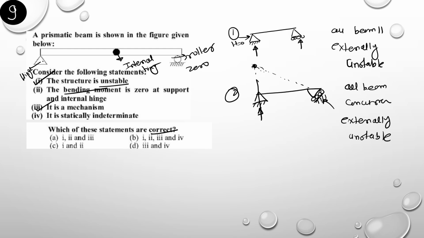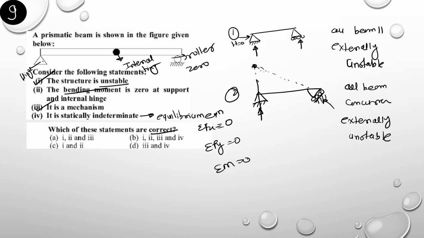Then it is a structurally or statically indeterminate structure. Statically indeterminate structure means those structures which are not solved by equilibrium equations. Equilibrium equations are three: summation of Fx equals 0, summation of Fy equals 0, and summation of moment equals 0.